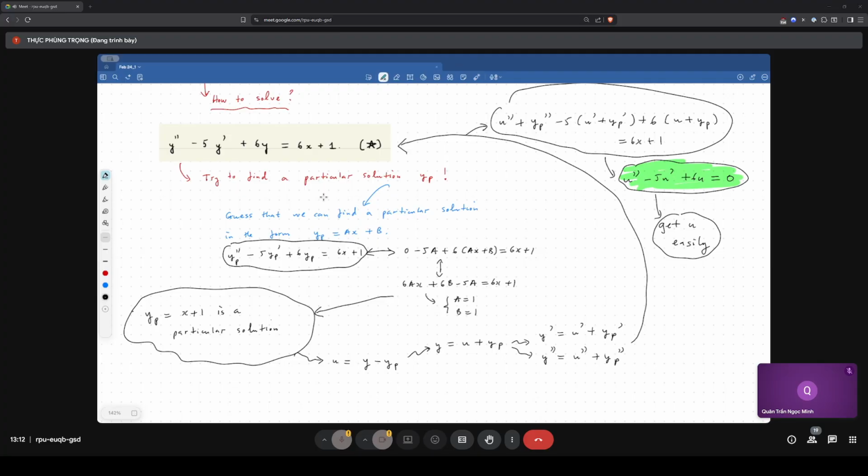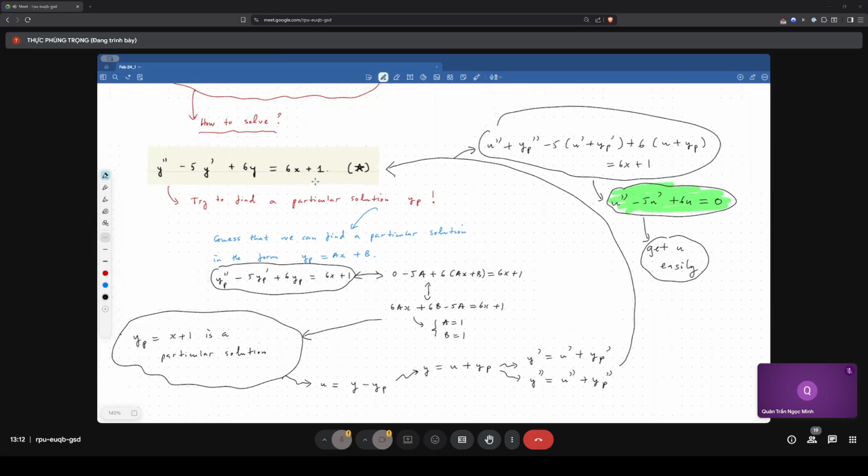Yeah. So the idea is that, so let me put a summary right here. In order to solve a non-homogeneous equation, the main step is to find a particular solution, yp. And after that, you get all solutions. Yeah. So after you get u, you get y, and done.